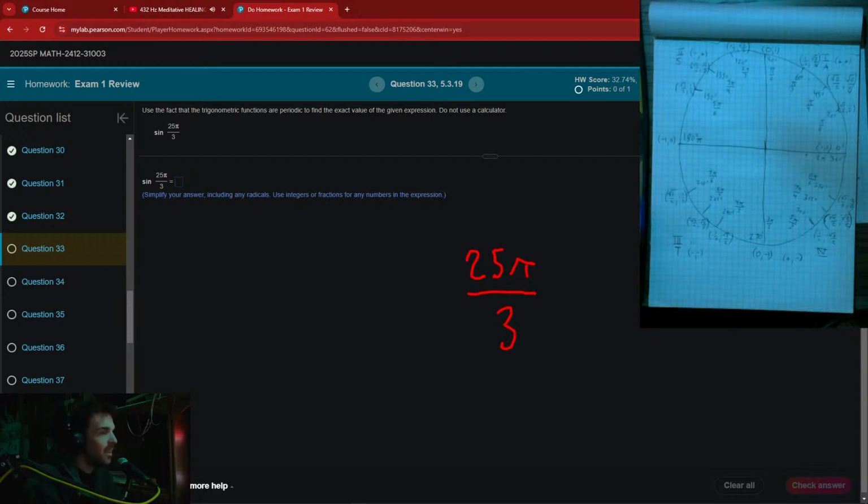I think the easiest way to do this in your head is to take 2 pi and convert it to having the least common denominator of the question, right? So 2 pi times 3 is 6 pi over 3.